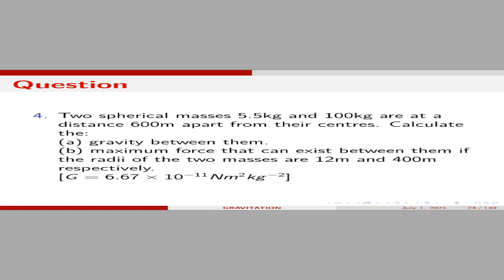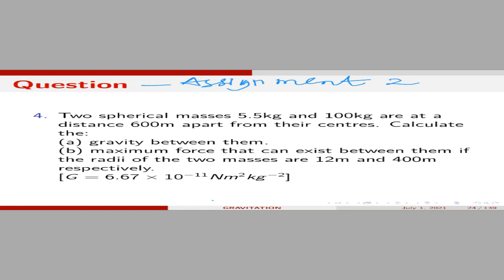Present it the same day you present assignment 1.